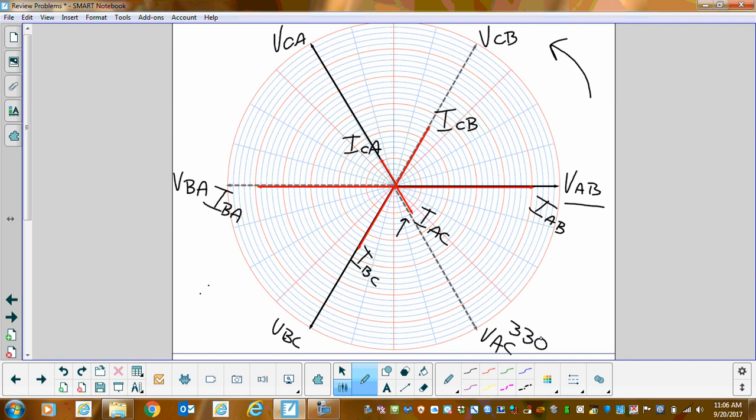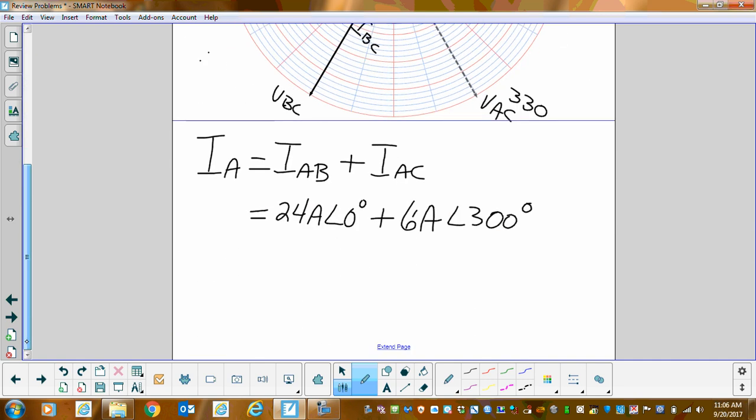So when you guys are plotting the voltages, I had already kind of given you that. It's always a good idea to stick the angle that that voltage is at, because it's going to help you later on when you have to plot your currents, and particularly when you have to add them up, right? Given that, it's 300.